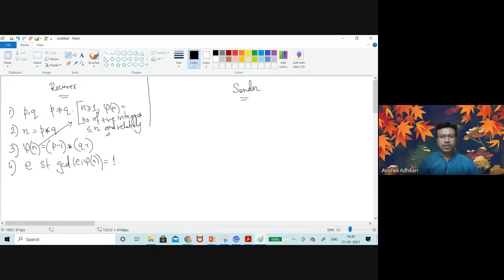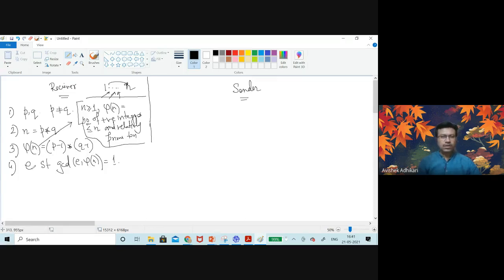Relatively prime to n means whose GCD with n is 1. Basically, from 1 to n, you collect all those integers that are relatively prime to n. That is the number of such positive integers, so phi of n actually gives you a number.